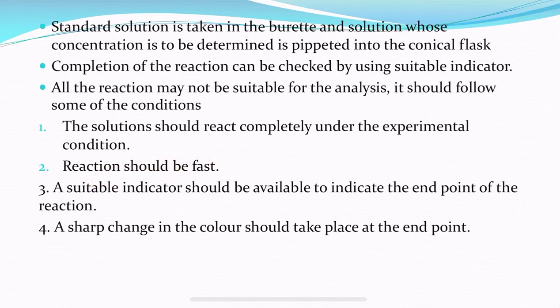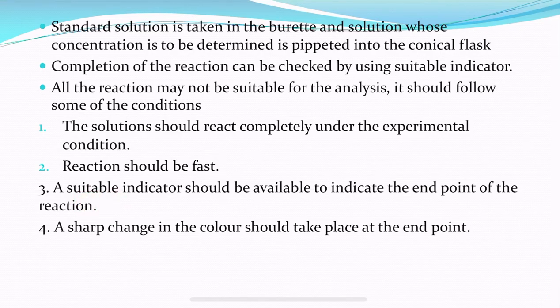And the next is the reaction should be fast; the reaction has to proceed in a faster way. And the next condition is a suitable indicator should be available to indicate the end point of the reaction. For any titrimetric analysis we are performing, we should check whether we have the availability of a suitable indicator. That has to be satisfied before starting the analysis.